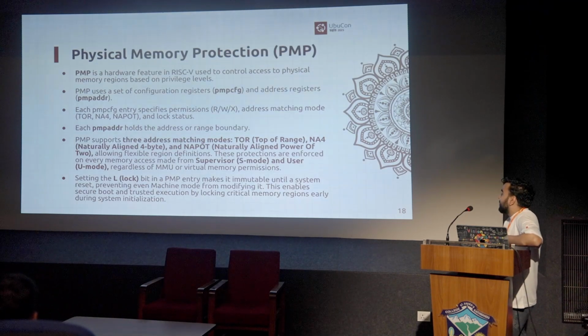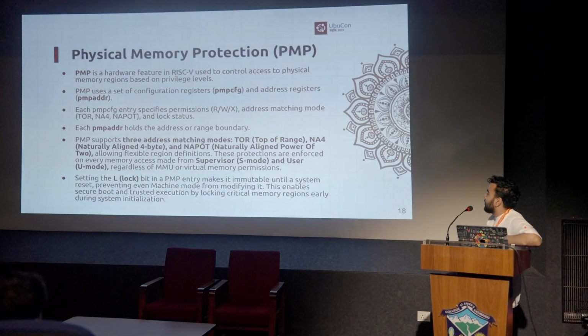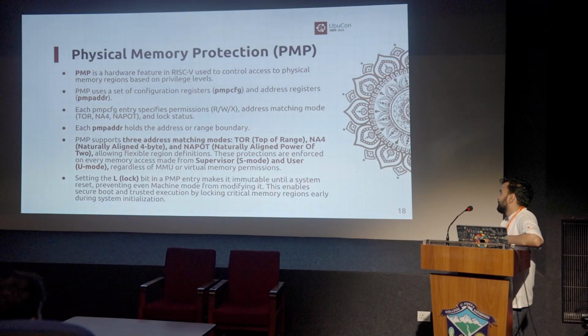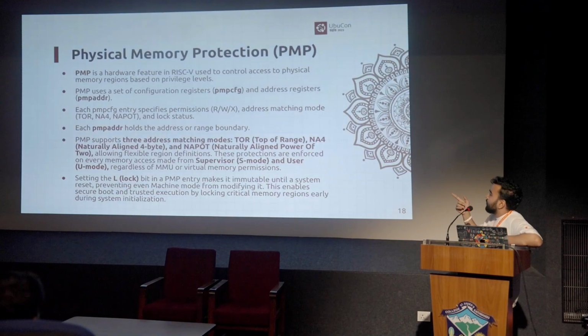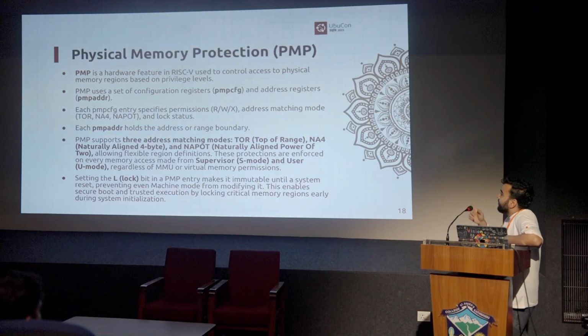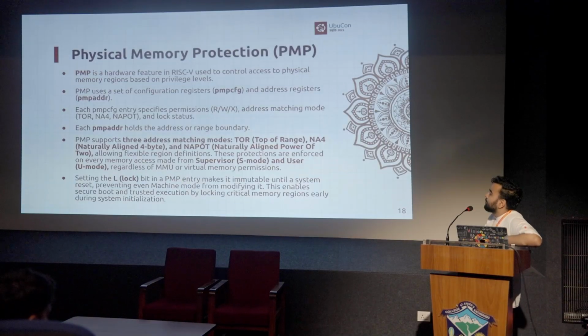Each entry specifies permissions like read, write, and execute that we commonly use in Ubuntu or any other Unix or POSIX based operating system. And it has address matching modes like TOR, NA4, and NAPOT, and lock status. Each address register holds the address or range boundary.